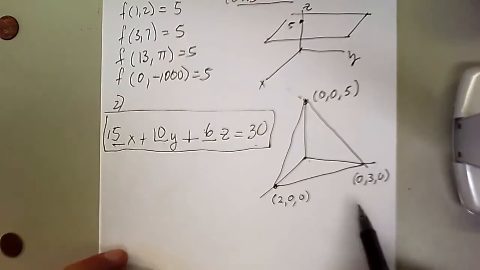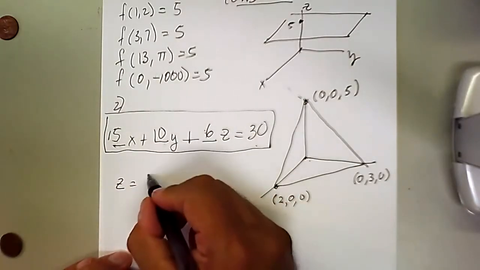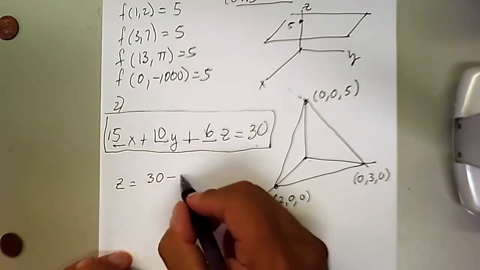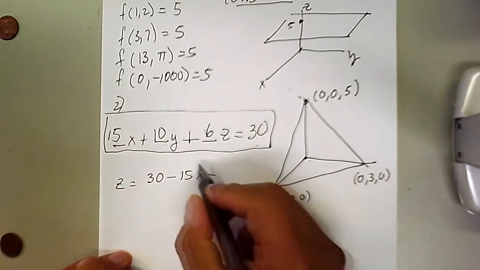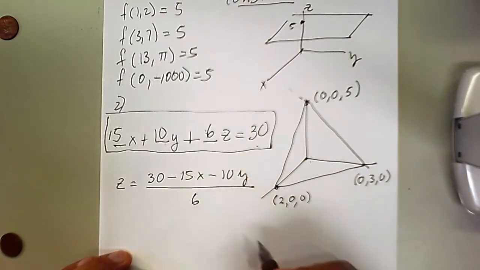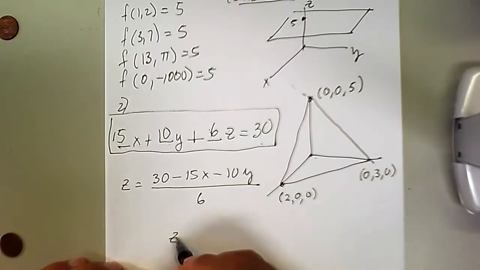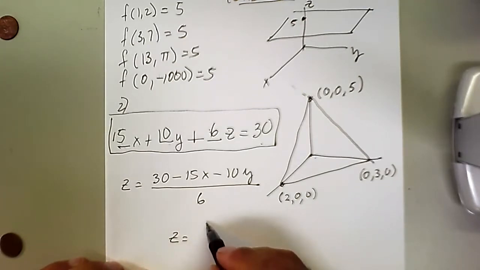Now, if we solve this equation for z, z will be equal to 30 minus 15x minus 10y, but then we have to divide by 6. There are a couple of different ways to write it, but typically we rewrite this in terms.